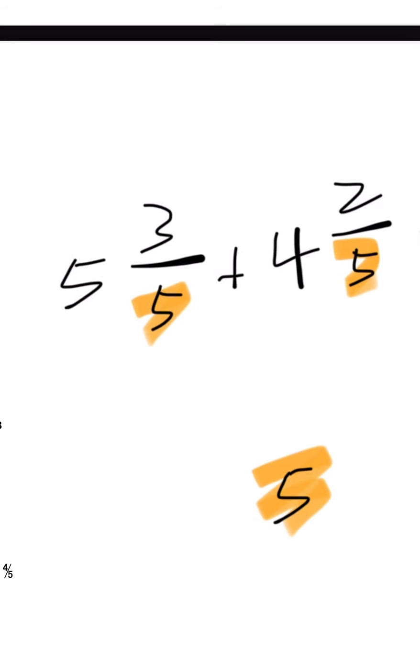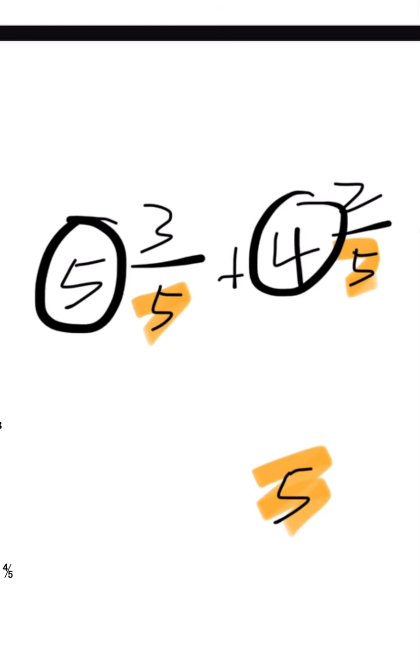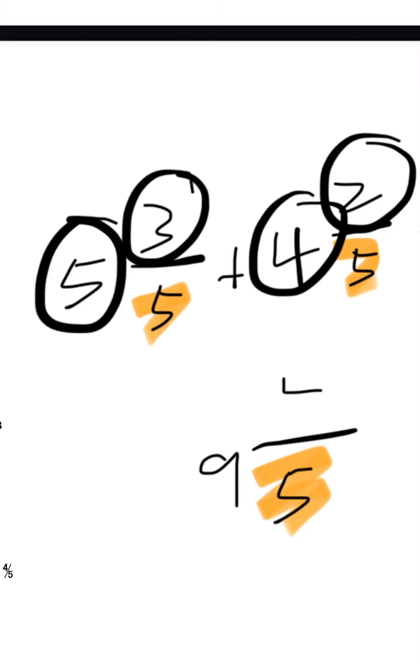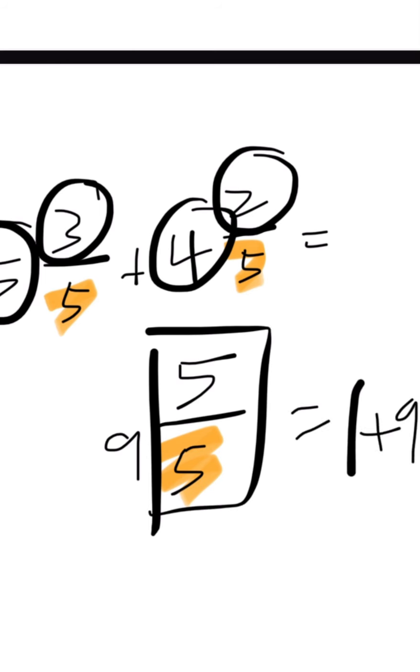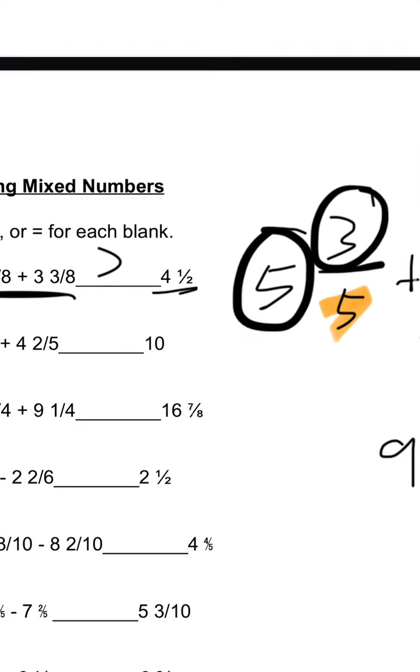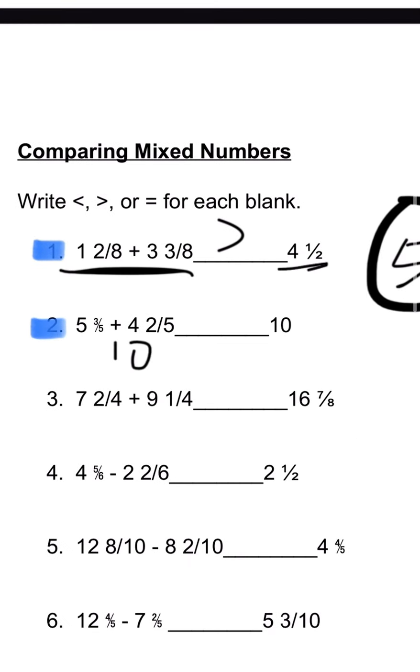We're going to add the whole numbers, 5 plus 4 is 9. Add the numerators, 3 plus 2 is 5. Again, we see that we have 5 over 5, which equals 1. We're going to add 9 to it, and it gives us 10. So we're looking at 10 versus 10, and we know that that's equal to each other.